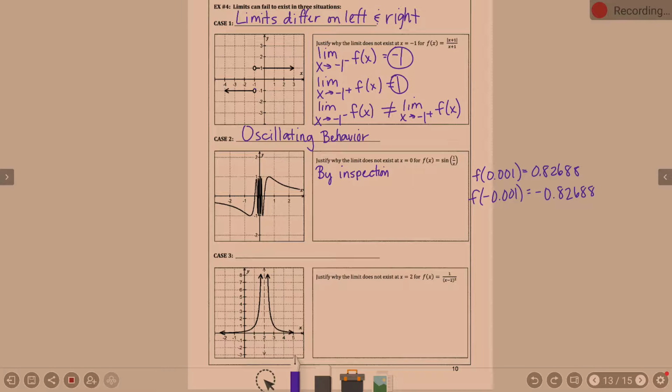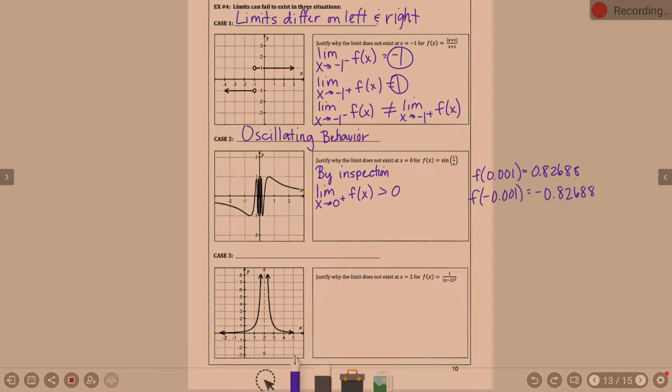So here, what I can say is the limit as x approaches 0 from the left or right first, it doesn't matter, I guess. We don't have an exact value necessarily, and we could use one of these values, but the idea is the limit as x approaches 0 from the right is going to be greater than 0, yes?